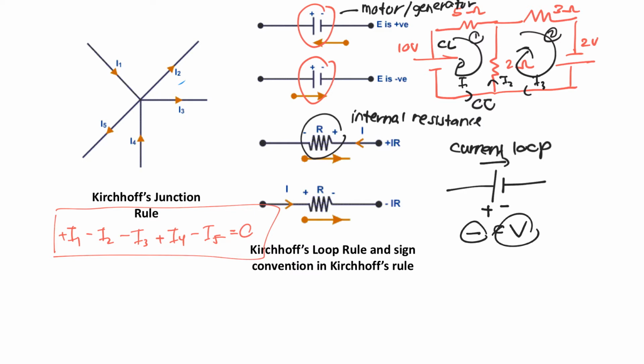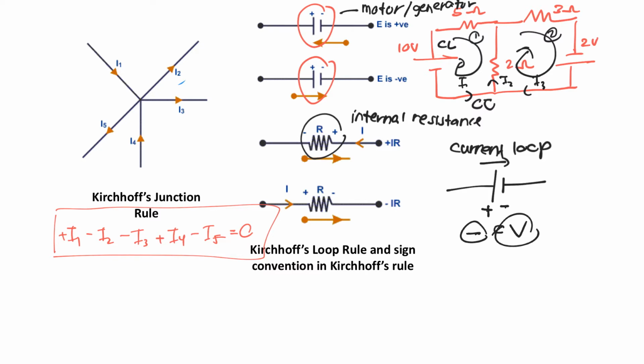Because right now we discuss the Kirchhoff voltage rule, all the equations need to be in voltage. So moving from positive to negative, you get negative voltage, because you are moving from higher potential to lower potential between the terminals.